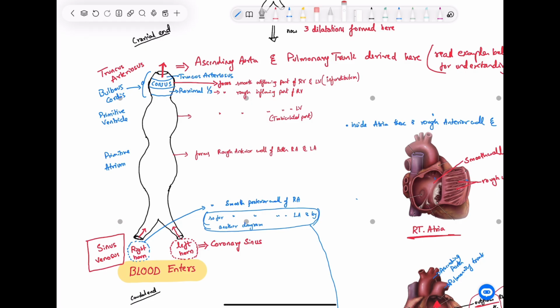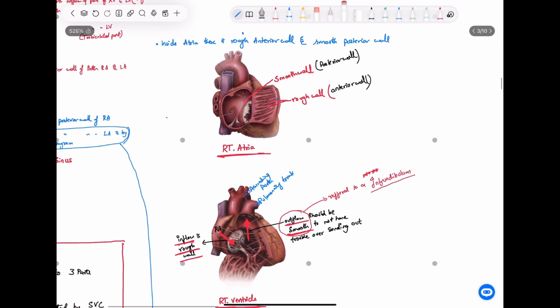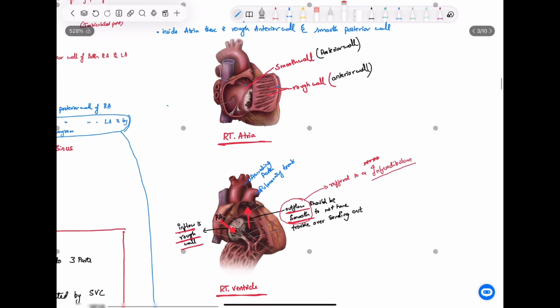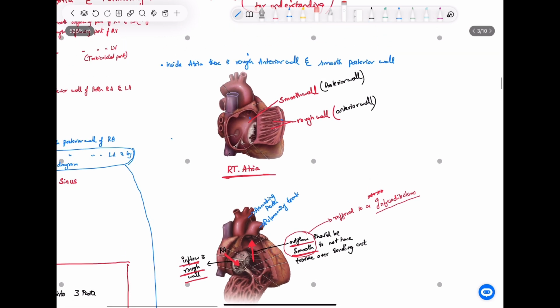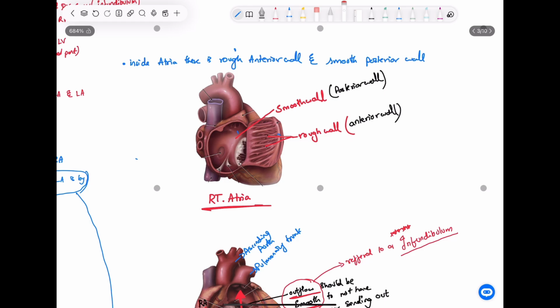First of all, I want to talk about these diagrams. We are looking at the right atrium here and the right ventricle here. We are talking about the right atrial walls. Inside the atrium, there is a rough anterior wall and a smooth posterior wall. This wall is smooth, which is posterior, and this is the rough anterior wall.